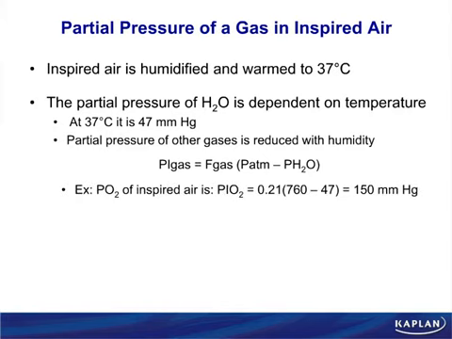Example, inspired PO2 would be 21% of atmospheric air times 760 atmospheric pressure minus water vapor pressure gives us 150. So dry ambient air, the partial pressure of oxygen is 160. But inspired PO2 is 150 because we humidify it to 100% humidity. And that is a very important consideration.